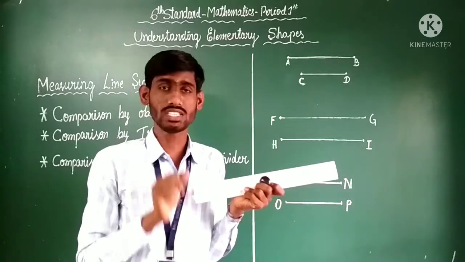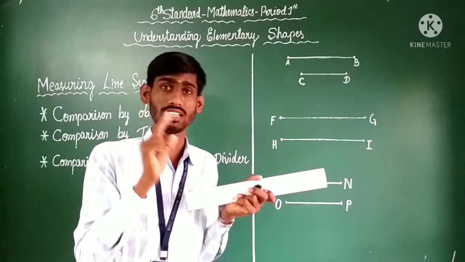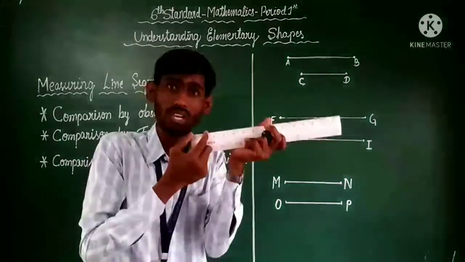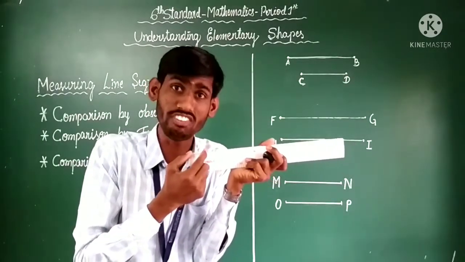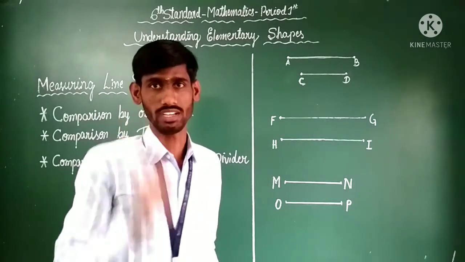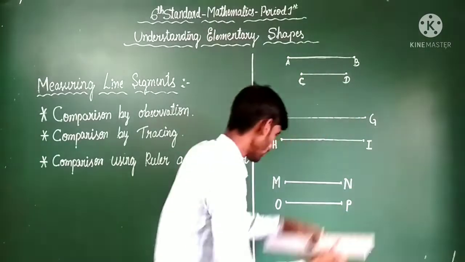One line indicates 1 millimeter, second line indicates 2 millimeters, third line indicates 3 millimeters. In the same way, in 1 centimeter there are 10 divisions, and each division indicates 1 millimeter. Clear, dear children?